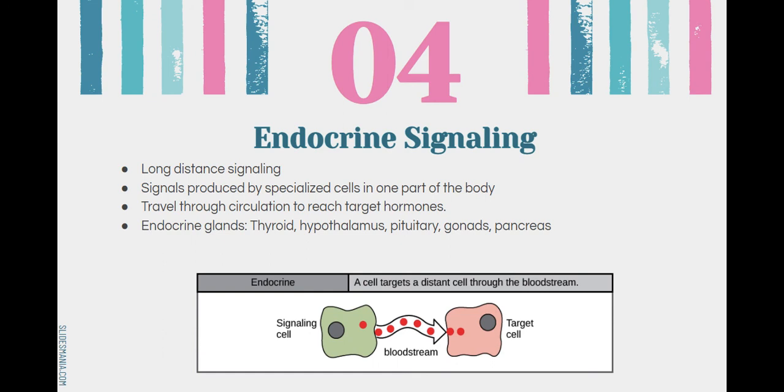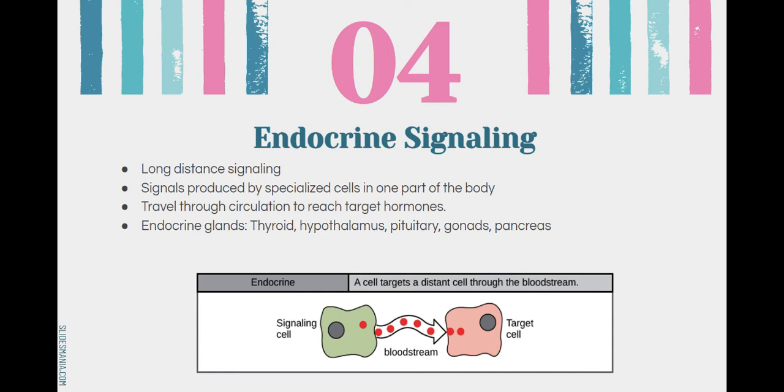Another example would be in the pancreas. The pancreas gets signaled to produce or release insulin. This happens from a triggering response of high glucose in the blood.